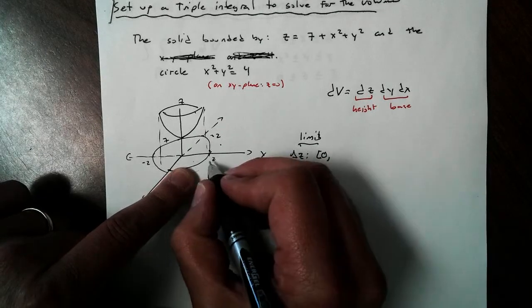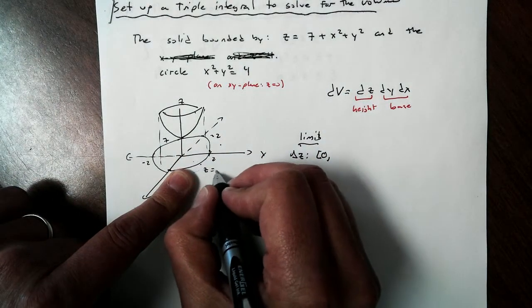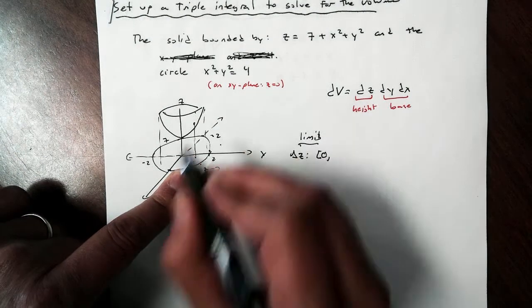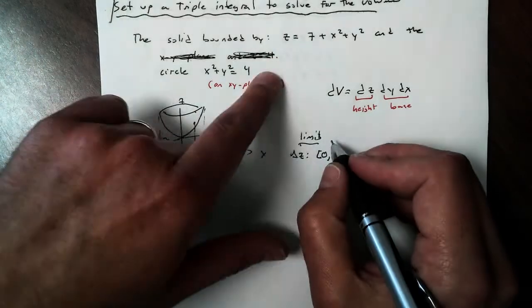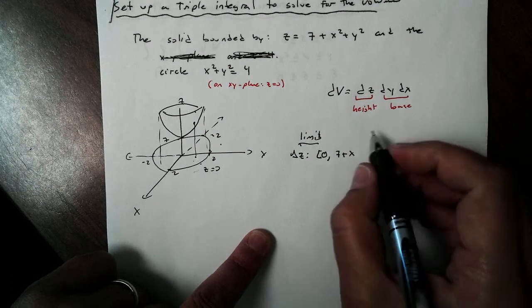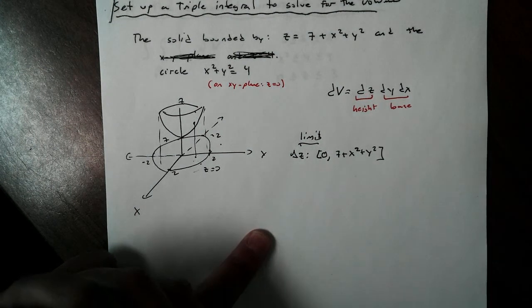That's on the plane right here, down at the bottom. And if we draw from here up to the surface, that's going to give our maximum z, which in this case is this parabolic cone, 7 plus x squared plus y squared.